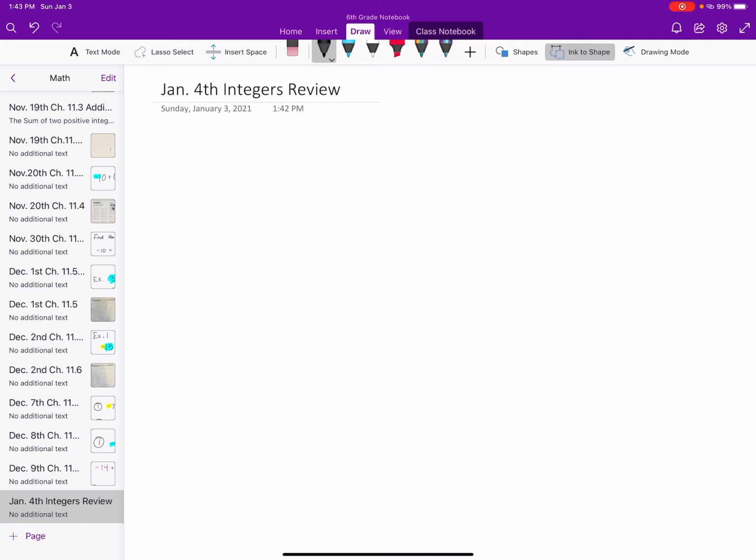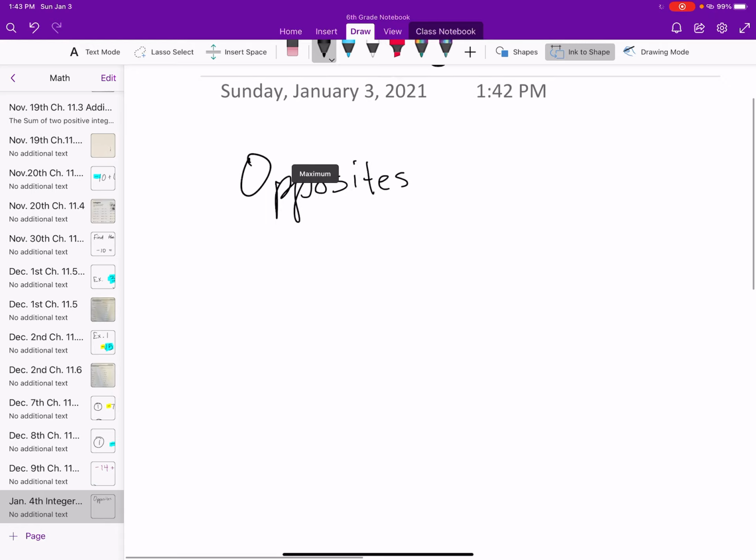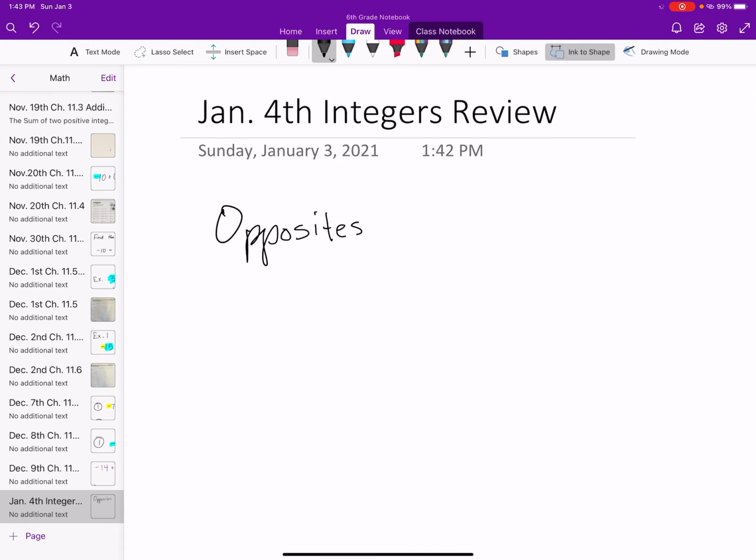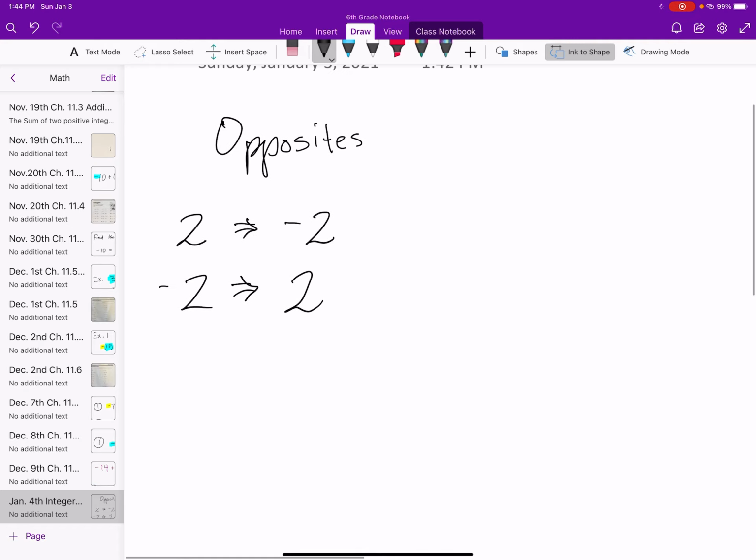If I'm asking for opposites, and I give you a positive 2, the opposite would be a negative 2. If I gave you a negative 2, the opposite would be a positive 2. Same thing with any number. If I gave you a negative 117, the opposite would be a positive 117.